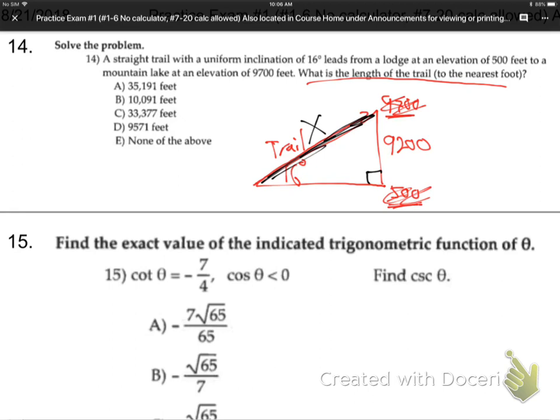All right, so what trig thing do we do? What trig, SOHCAHTOA, thinking about the different trig functions, SOHCAHTOA.